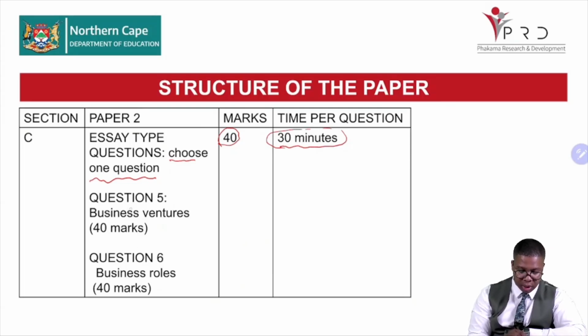The questions are question 5 and question 6. Question 5 will assess an essay under the subtopics of business venture, and with business roles, you will have an essay which will assess subtopics under business roles for 40 marks. But remember, you choose only 1.